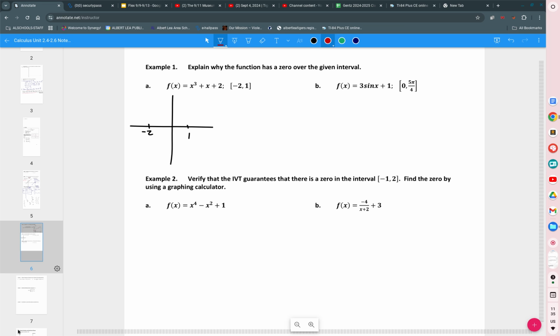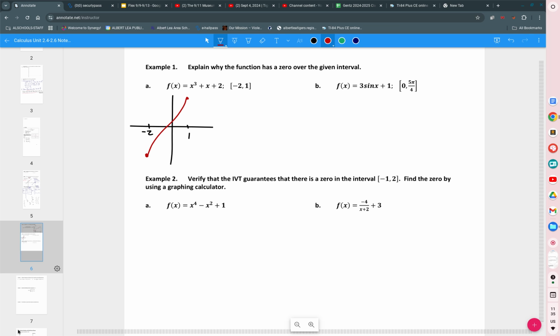We've talked about zeros before in other classes, in our college algebra class. So we want to show that this thing for sure has a 0 on this interval. Well, first of all, this is a polynomial, and polynomials are continuous. So they just spit out numbers, they never have any weird behavior.